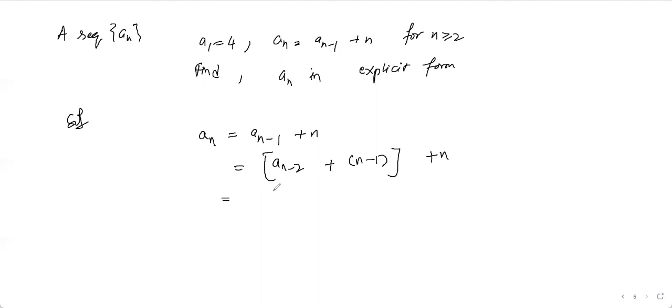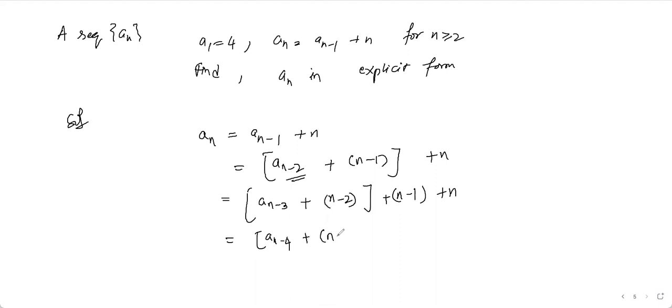And an minus 2 would be an minus 3 plus n minus 2, plus n minus 1, plus n. Further, writing one more step, this will be n minus 3, n minus 2, n minus 1, and n, and so on.